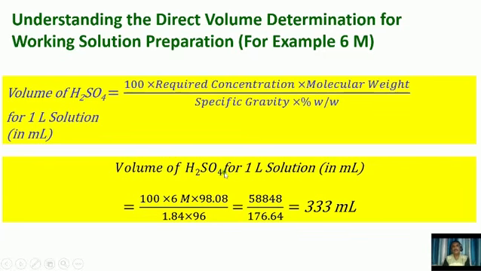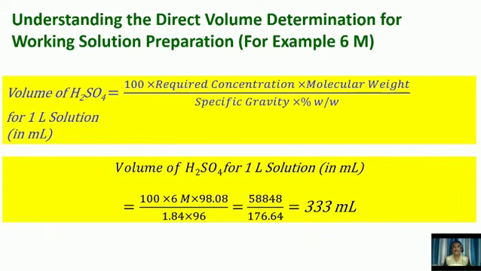Volume of H2SO4 for 1 liter solution in ml: 100, which is taken for percentage, into required concentration, 6 molar in this example, into molecular weight of H2SO4, which we have already calculated, 98.08, divided by specific gravity. We know that specific gravity does not have any unit.